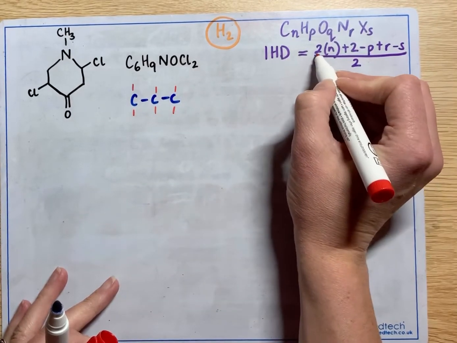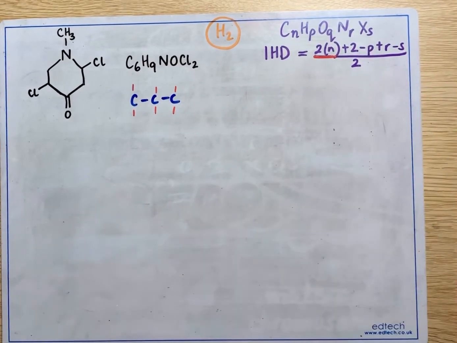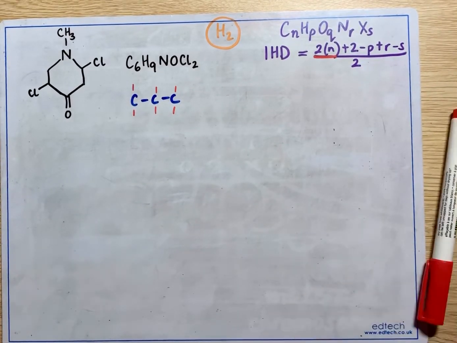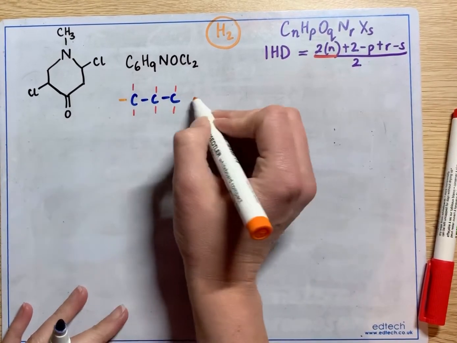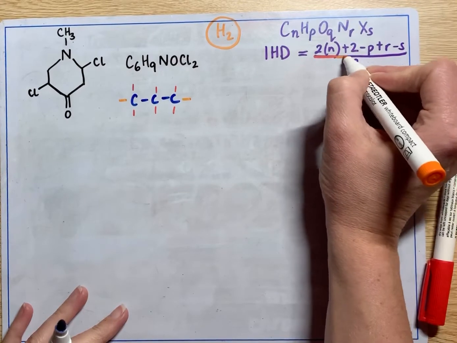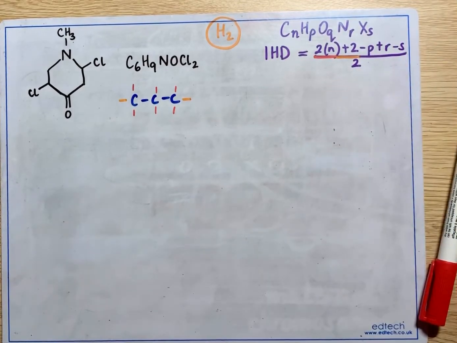So that's why we've got our 2N here. And then of course, if it's in a chain, then we would get a hydrogen at either end. So that's this +2 here.